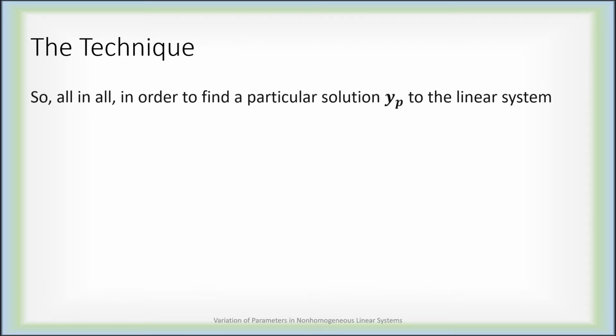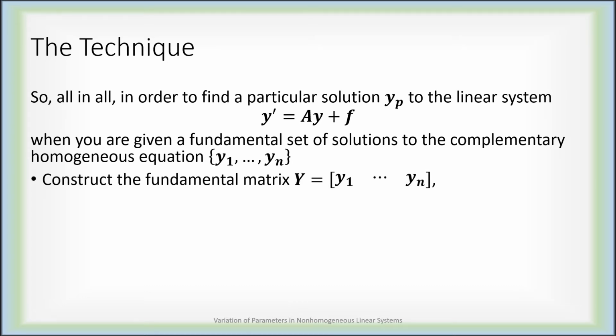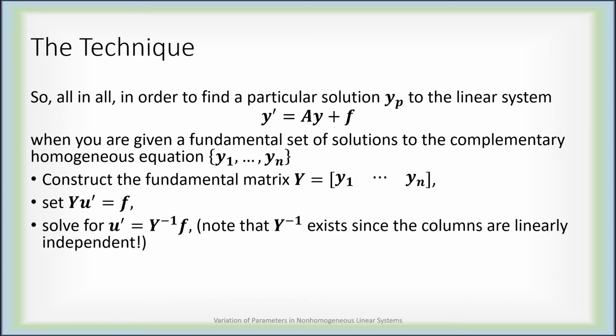Overall, what's the technique we're going to use? If we want to find a particular solution to this non-homogeneous linear system, where you happen to already know a fundamental set of solutions to the complementary homogeneous system, construct a fundamental matrix out of your fundamental set of solutions, set y u prime equal to the forcing function f, solve for u prime. U prime is now just inverse of fundamental matrix times f.